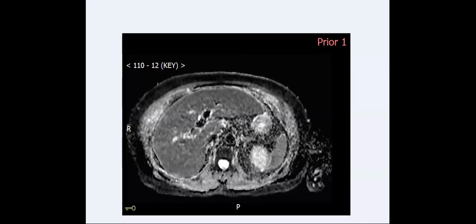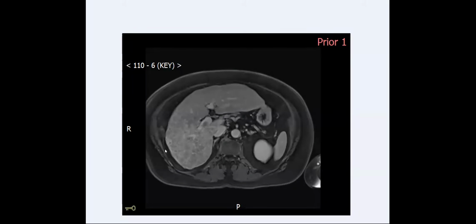This ADC is not very impressive. If there was no tumor thrombosis, even then I expect the signal would have been different because this was all infiltrative. At least on DWI or T2, we would have seen a stark difference in the left and the right lobe.